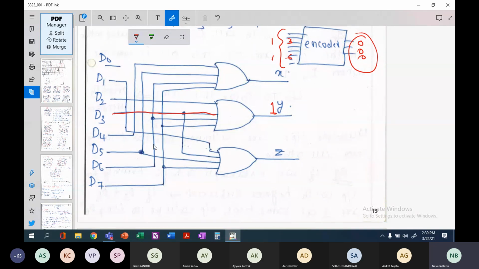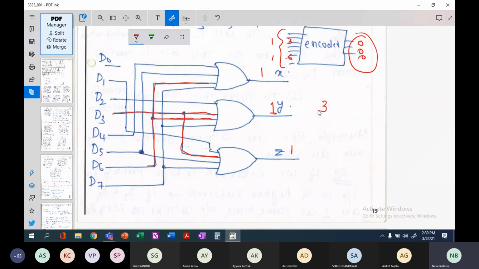When 6 is 1, please see here, this will be 1. So this is going to be 1. This is already 1, and because 3 is 1, there is an OR gate here, so this will also be 1.